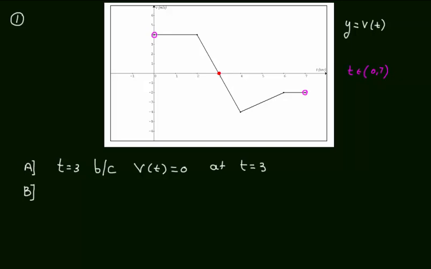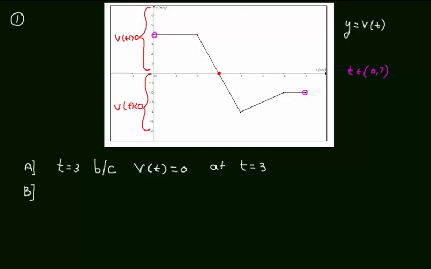Part B asks the question, when is the particle moving to the right? So the idea here is the particle is moving to the right when the velocity is positive. And if we look at the velocity graph, positive literally means above the t-axis. So here, v of t is positive, and when it's below the axis, v of t is negative.